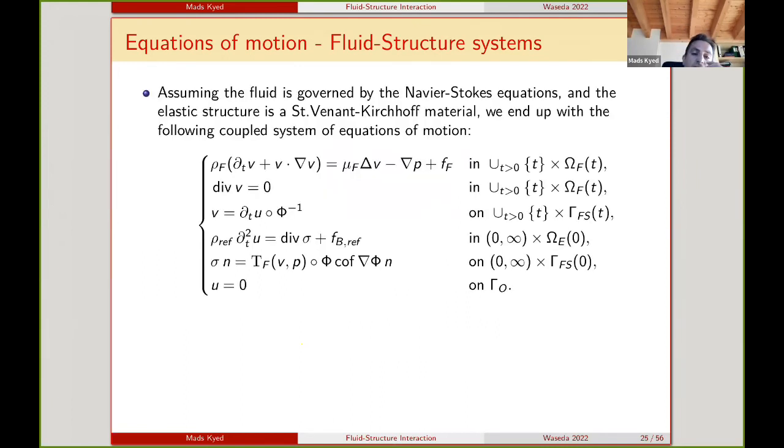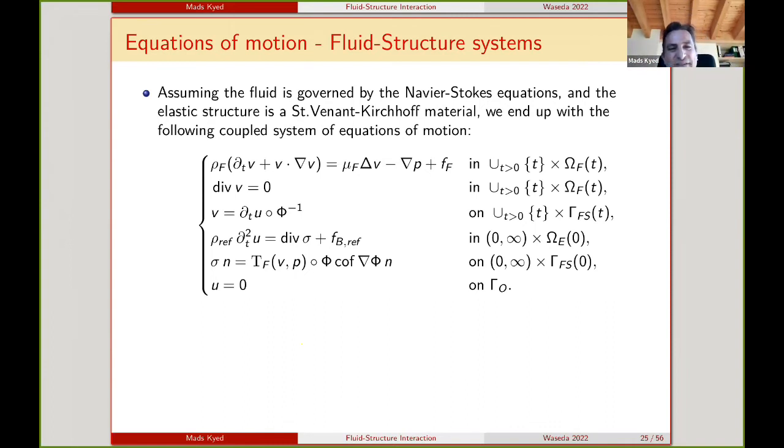Okay, so at the end of the day, we make the assumption that our fluid is governed by the Navier-Stokes equations, and the elastic structure is governed by a Saint Venant-Kirchhoff model.